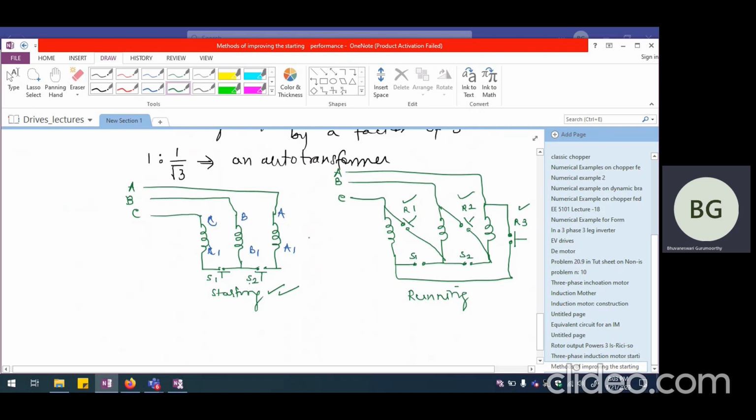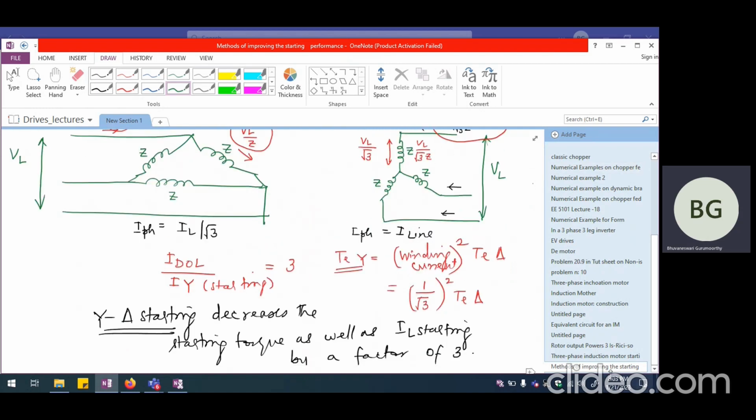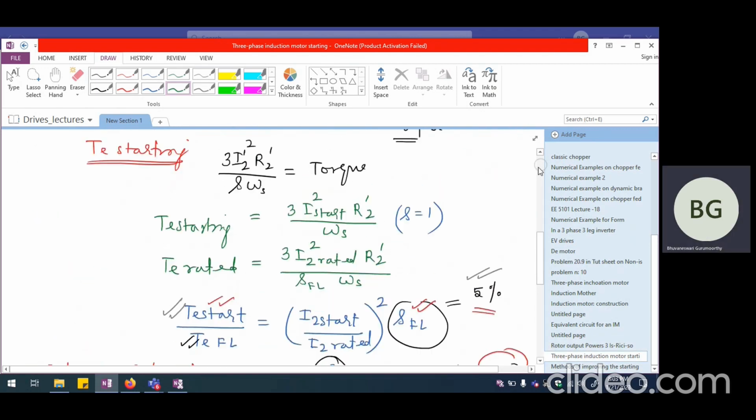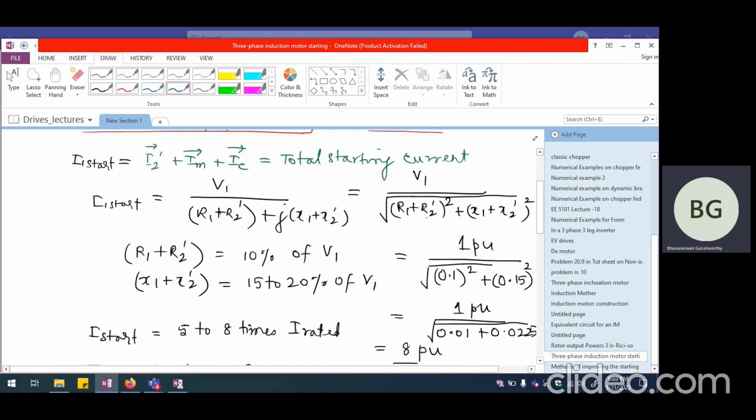Because once the induction motor picks up certain speed, it is going to have reduction in the current. Automatically, the current is going to decrease, because we had looked at this, that if you look at the current, I2 is going to have R1 plus R2 dash by S come into picture, but S is going to be 1 during starting.